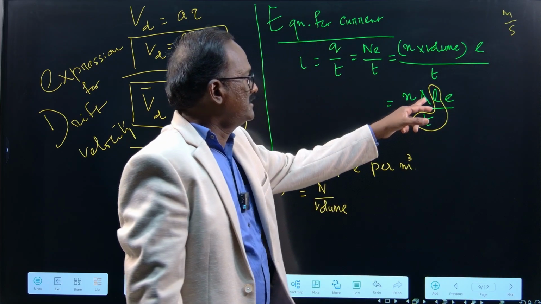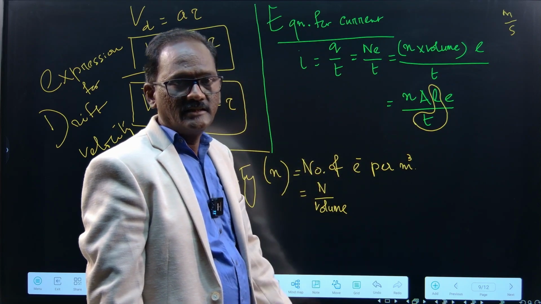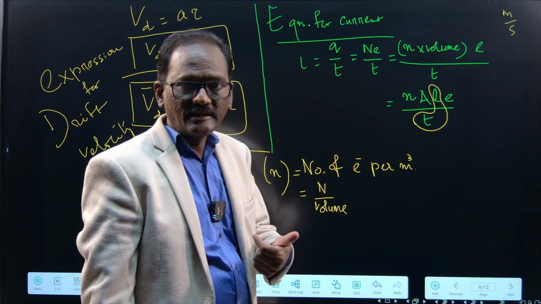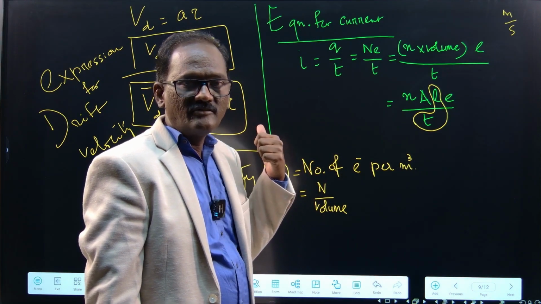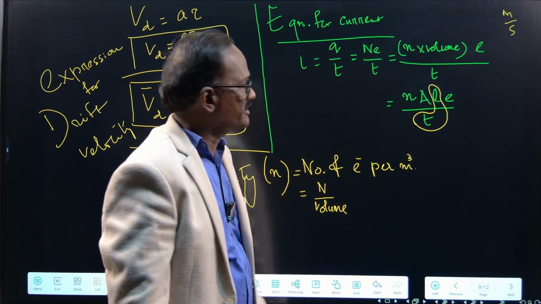L by T is velocity. So what velocity? Drift velocity.